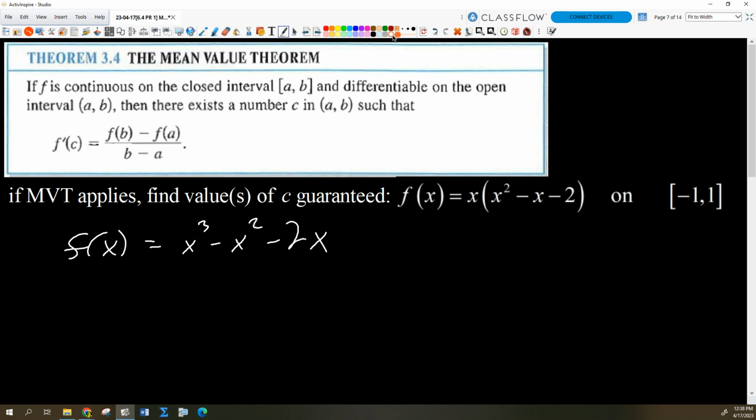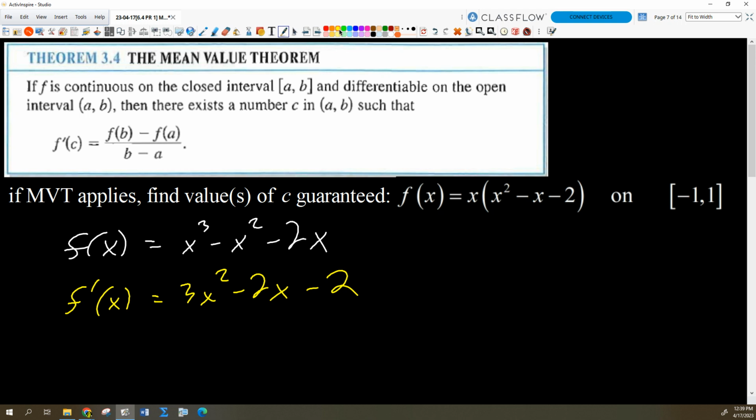Is it differentiable? Well, what's the derivative of a polynomial always going to be? Another simpler polynomial, right? So if we calculate f prime, it's just going to be 3x squared minus 2x minus 2. Being differentiable means that the derivative exists everywhere. Does that derivative exist everywhere? Yeah, right? Everybody buy that?